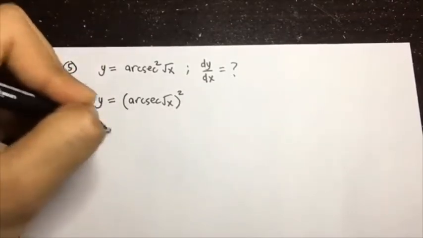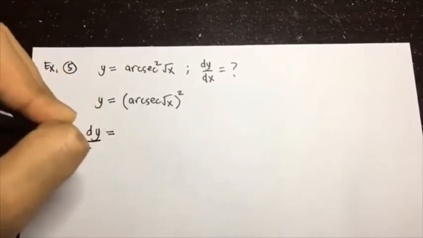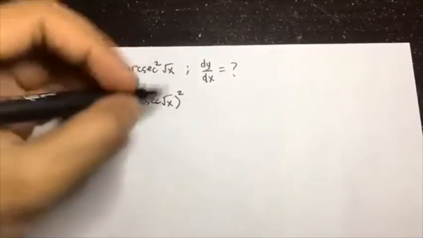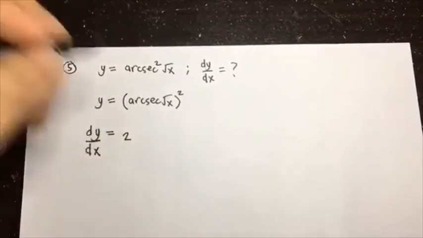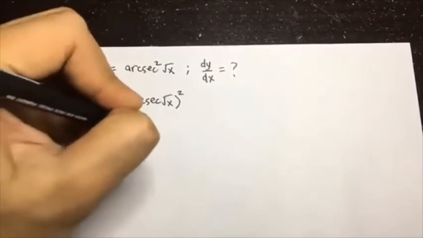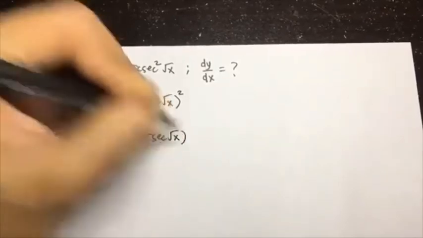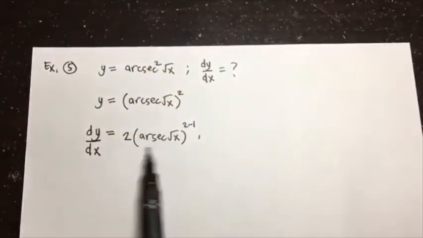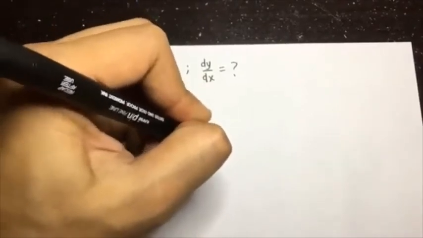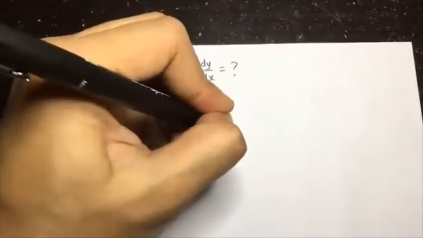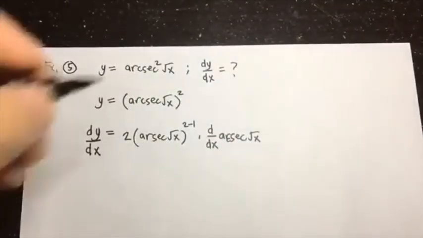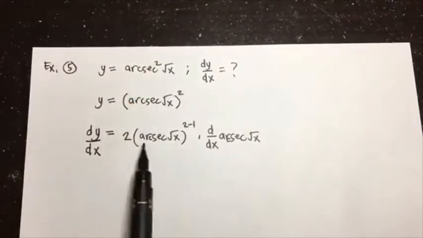So dy over dx is equal to, following the general power formula, multiply 2 in the coefficient, so 2 multiplied by arc secant of square root of x raised to 2 minus 1, multiplied by the derivative of arc secant of square root of x. Also here I forgot to write the letter c, so arc secant square root of x.